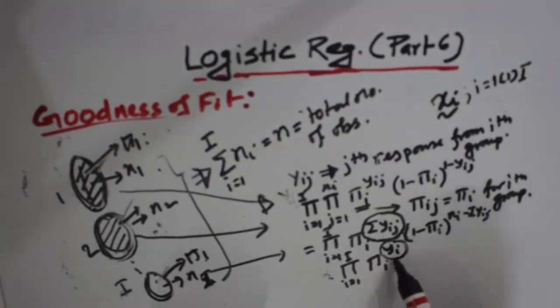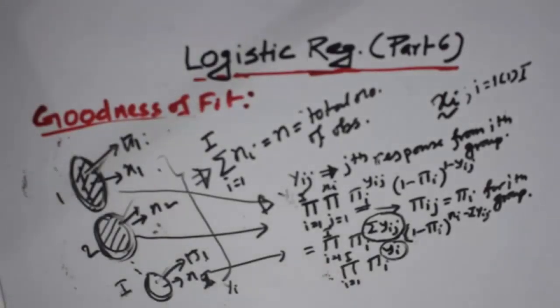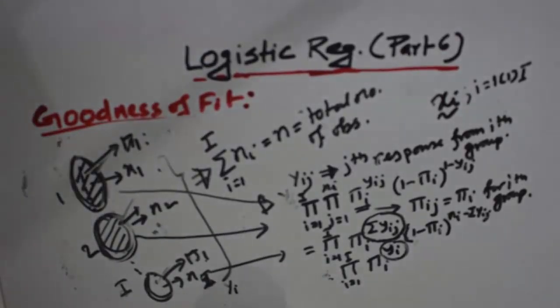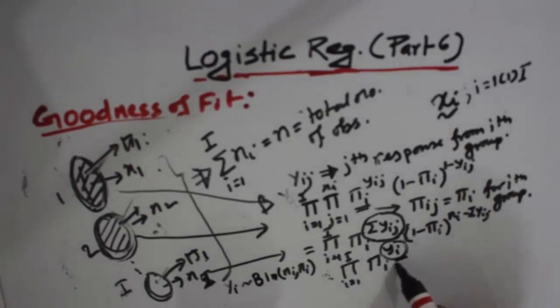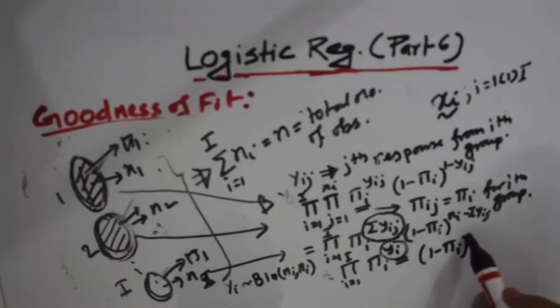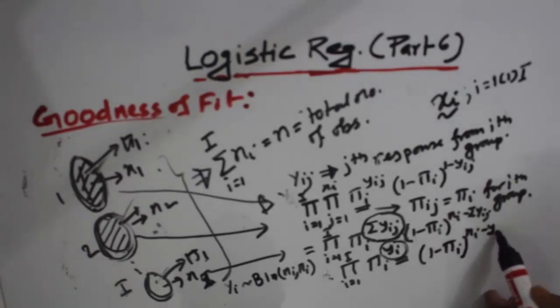I already mentioned that capital Yi denotes the number of successes in the ith group, and it follows binomial ni pi i. So this should be yi. Similarly, the exponent of 1 minus pi i is ni minus yi.